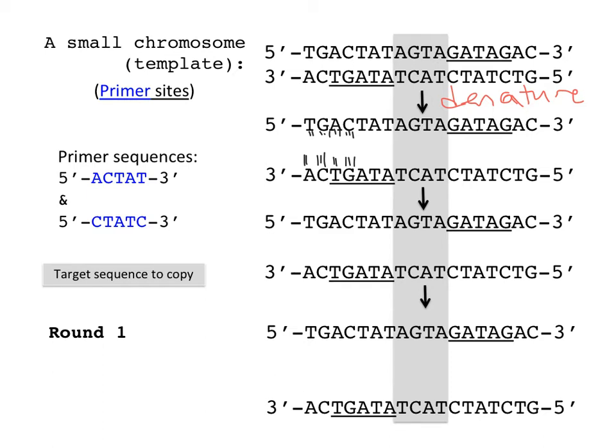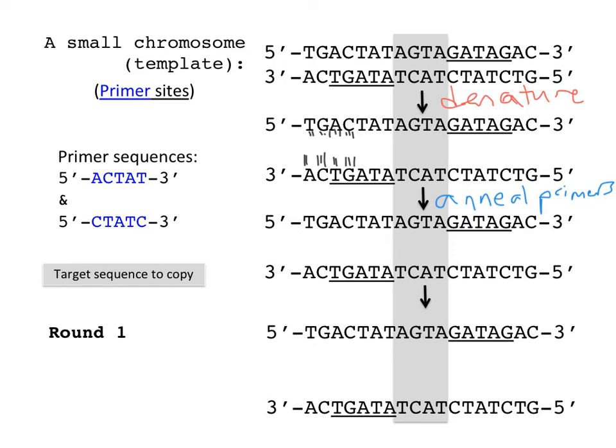Then what happens? Step 2, we anneal the primers. I'm going to use blue both because that's the color I'm using for primers, plus the annealing step happens at a cool temperature. So you have the chromosome at the top that we started with, and we throw in some primers, and at the annealing step, the primers anneal to these molecules.